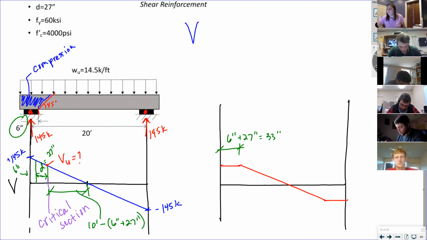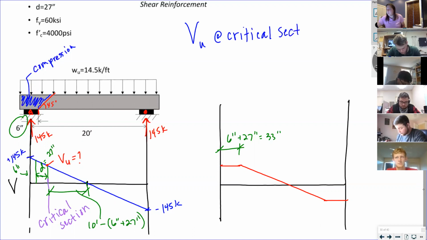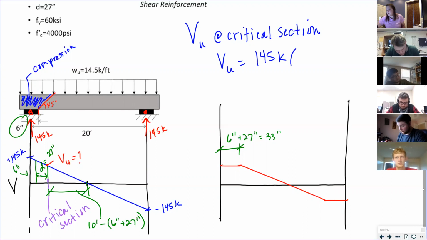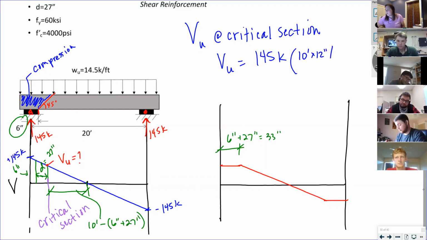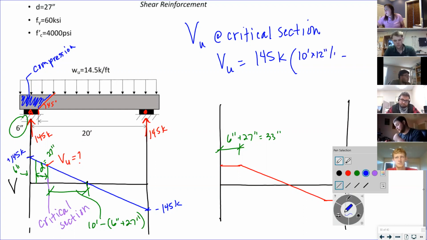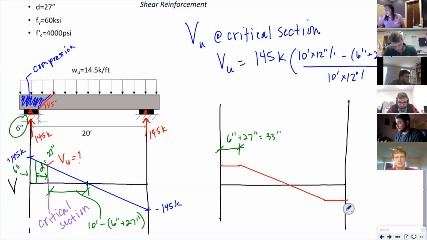So my shear at the critical section is 145 kips times 10 feet, 12 inches per foot, minus 6 inches plus 27, divided by 10 feet, 12 inches.